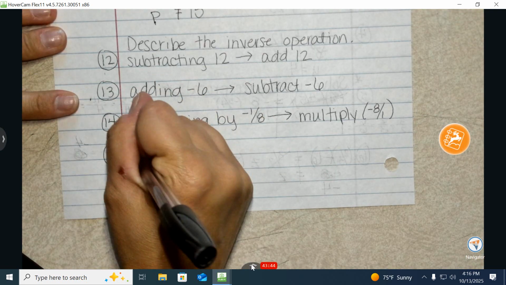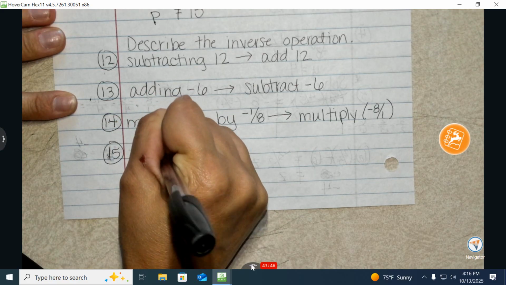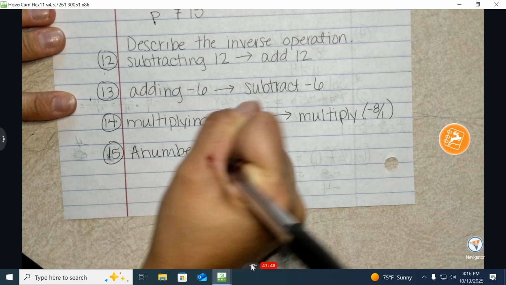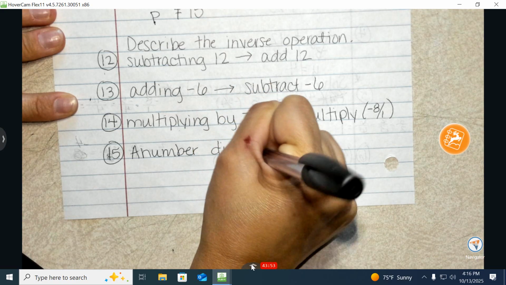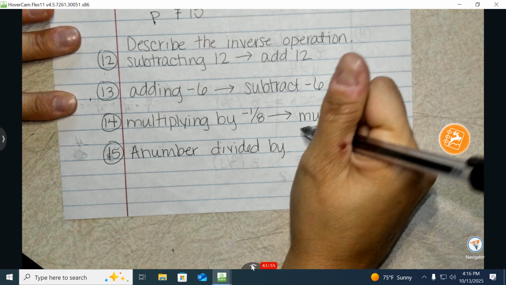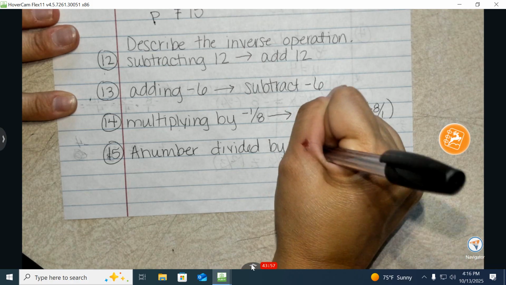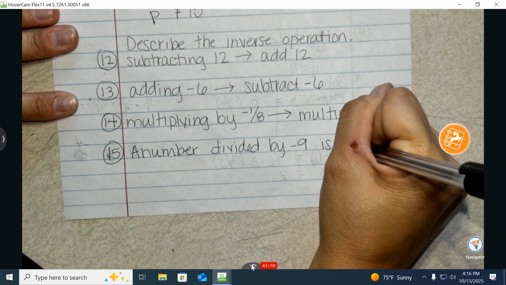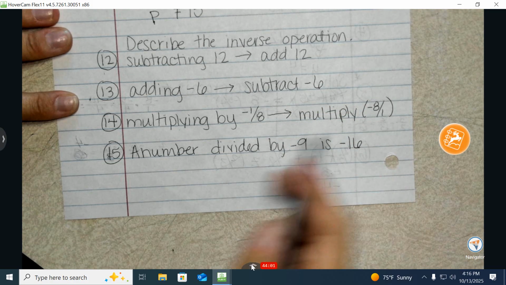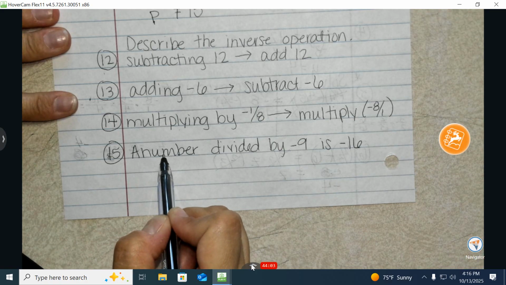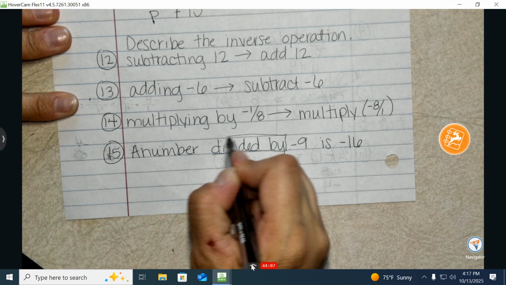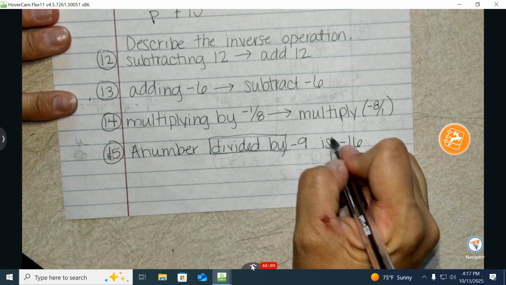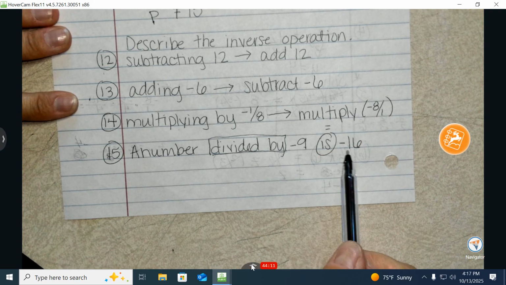So number 15 is a number divided by negative 9 is negative 16.